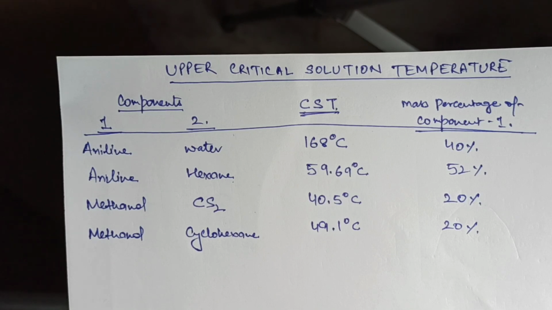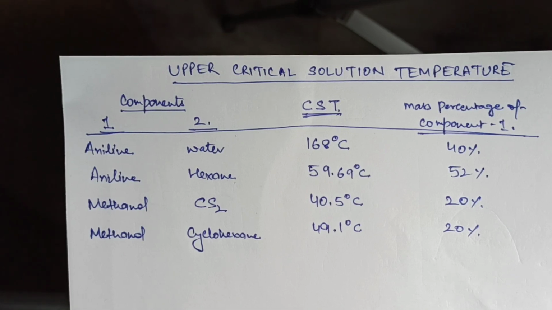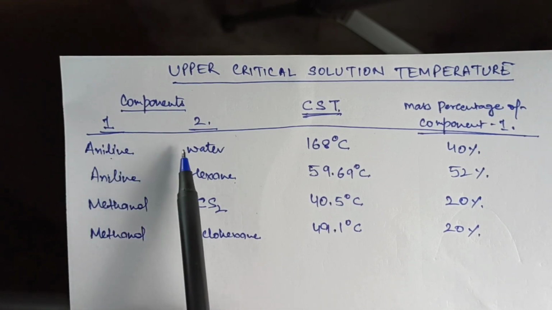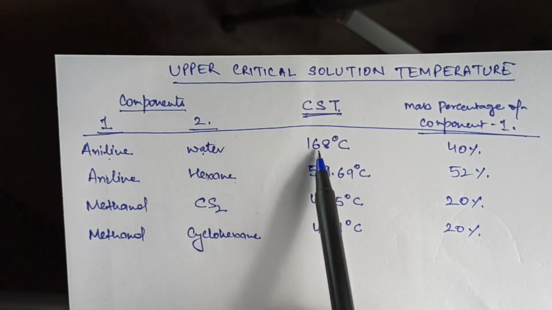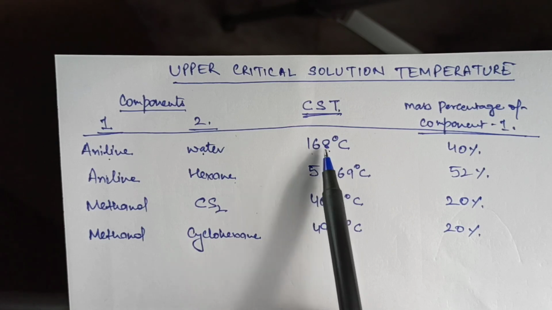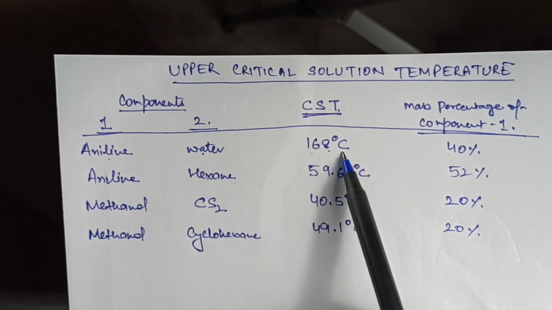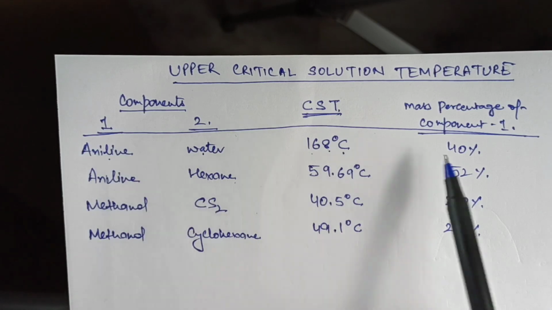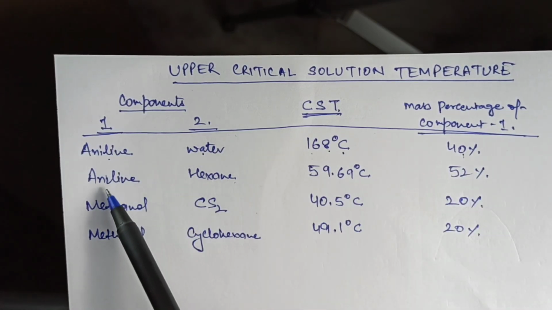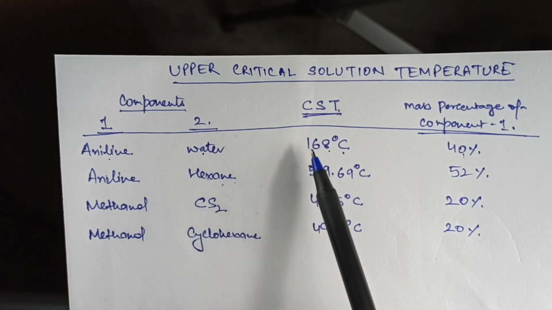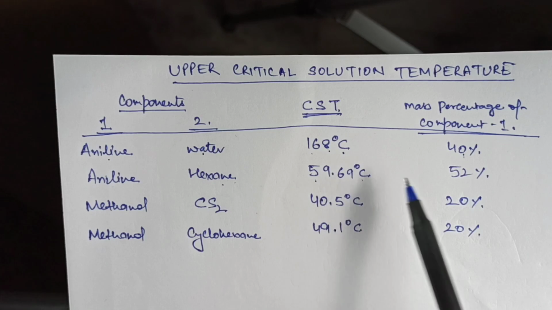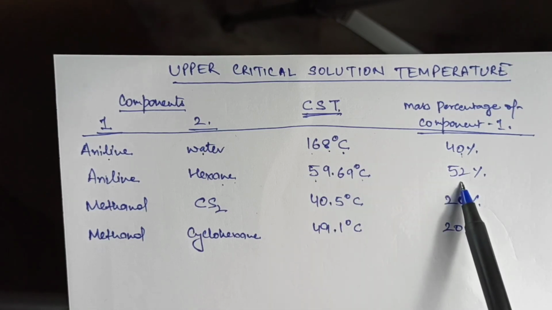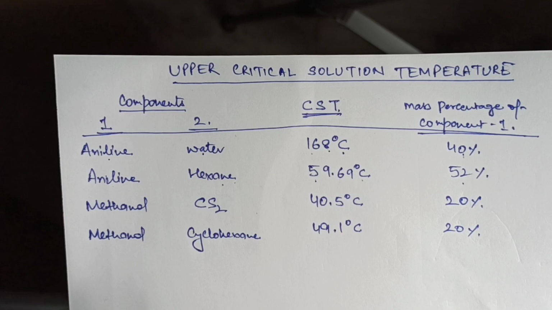These are a few more examples of solutions having an upper critical solution temperature, just like the aniline water system, in which the upper critical solution temperature is around 168 degrees Celsius, and at that temperature the critical composition of the first component, aniline, is around 40%. Similarly, we have the aniline hexane system, with a critical solution temperature of 59.69 degrees Celsius and 52% aniline at that temperature.